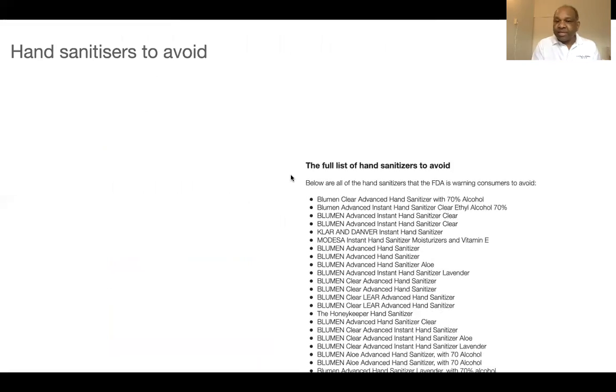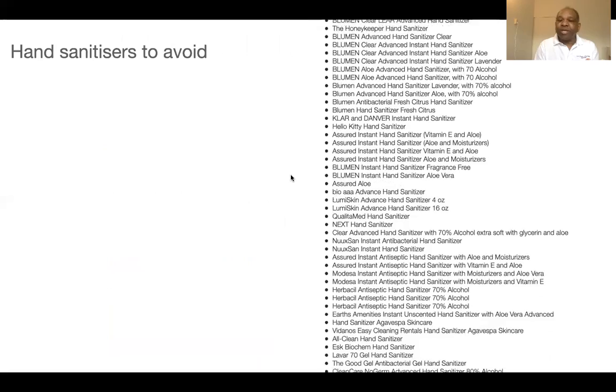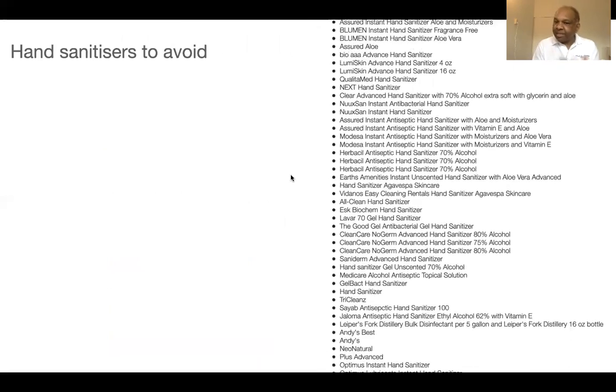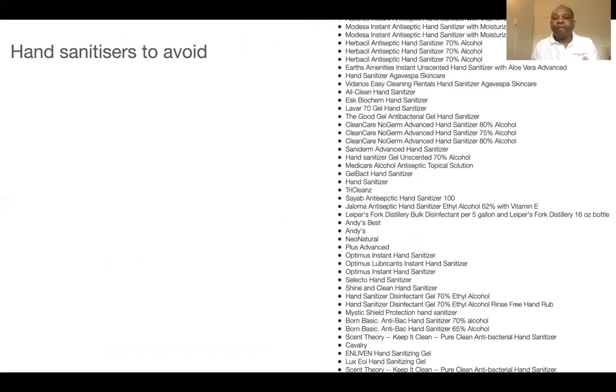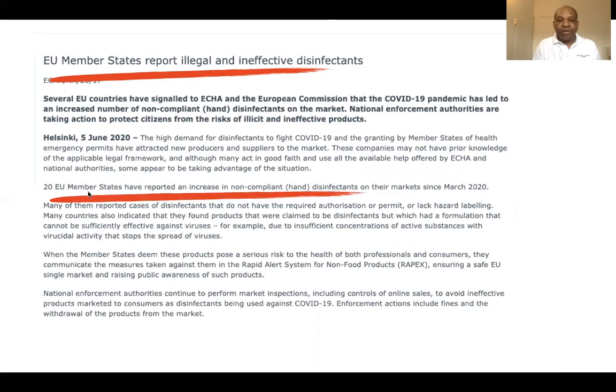Several hundreds of sanitizers and disinfectants have been recalled by the FDA, again because they are subpotent or may contain dangerous contaminants in the disinfectant itself, and the consumer is not aware of this. In the EU itself, as reported on illegal or ineffective disinfectants in June 2020, 20 of the member states have reported an increase in non-compliant disinfectants.